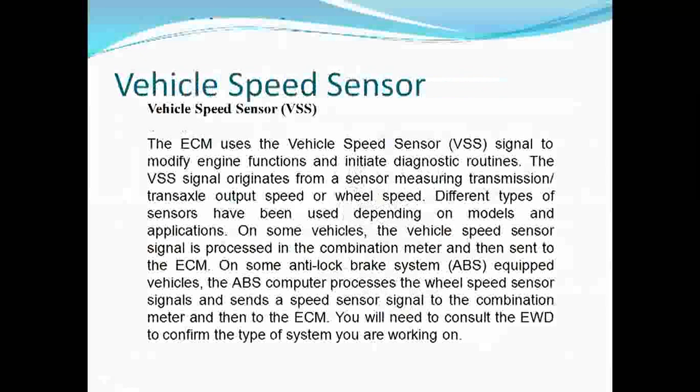So moving on to the next one, VSS, vehicle speed sensor. So how the vehicle speed is being identified and how it can be monitored. In the mechatronic field, we all know that if the speed of that particular vehicle has been increasing, simultaneously it has to be decreased depending upon the situations.